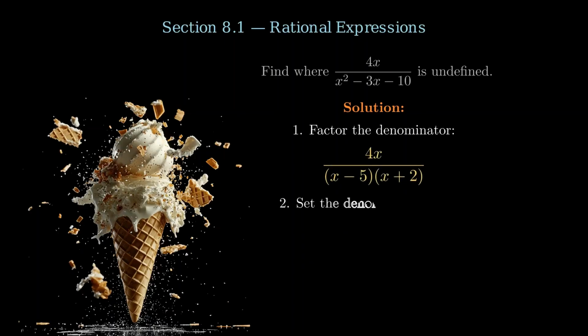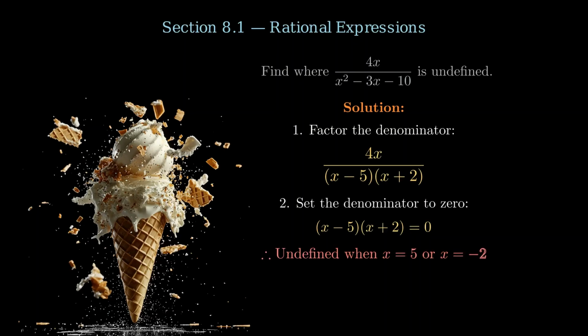The quadratic expression x squared minus 3x minus 10 factors into the product of x minus 5 and x plus 2. The expression becomes undefined when the denominator equals 0. This happens when either x minus 5 equals 0 or x plus 2 equals 0. Therefore, the expression is undefined when x equals 5 or x equals negative 2.